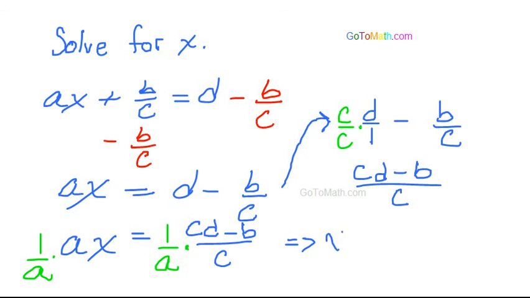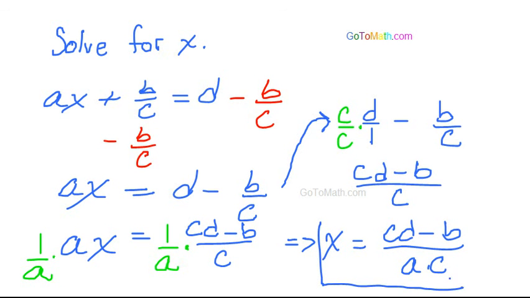We're going to rewrite this equation over here. x is equal to, and then this is going to become cd minus b over a times c in the bottom. A times c. Alright, we got this all on one page, so we don't have to go anywhere else. Alright. cd minus b over ac.